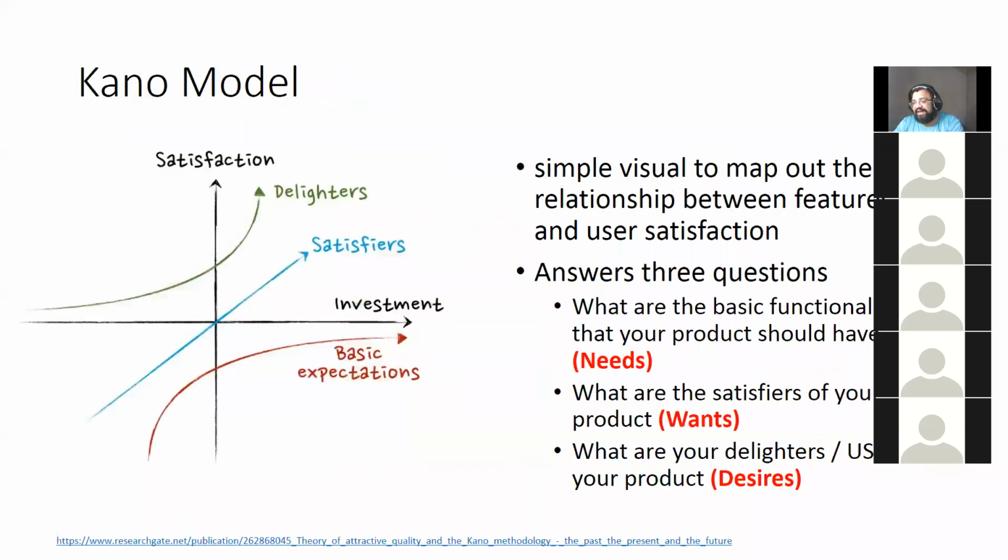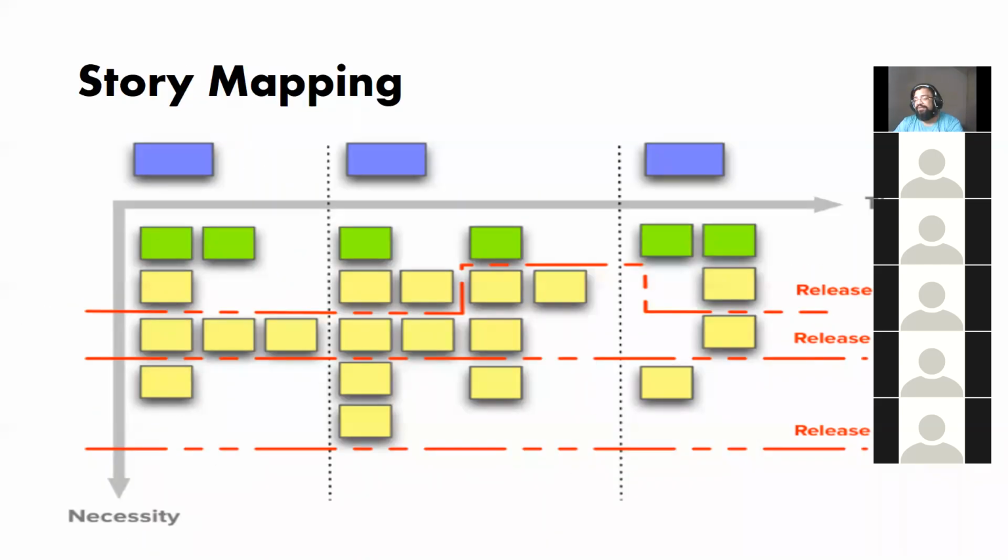Like with the Jamboard which we use, if I want to rearrange based on my preference, I would do it in a different way. Story mapping is similar. Release 1, release 2, release 3. I can go any number of releases based on the necessity and time criticality. This is another prioritization technique.